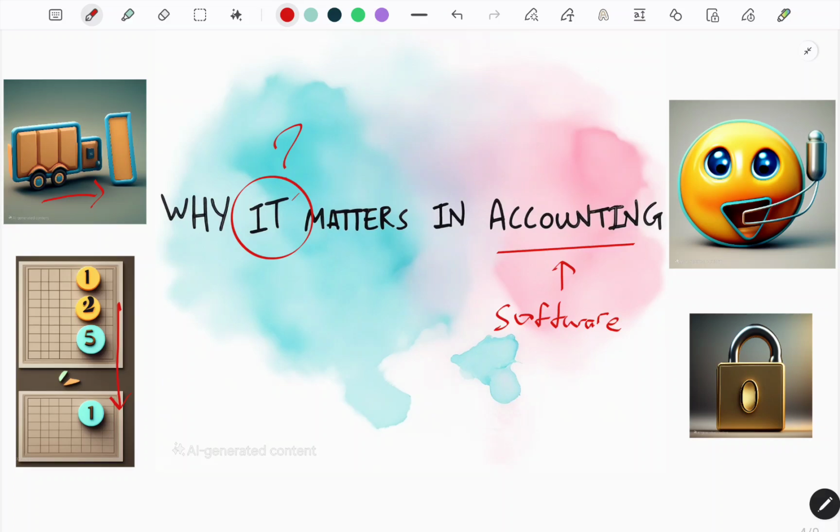Why it matters to the accountant: usually accounting software doesn't consume a lot of memory, okay? So you will not find any compatibility issues between the accounting software and the operating system, okay?